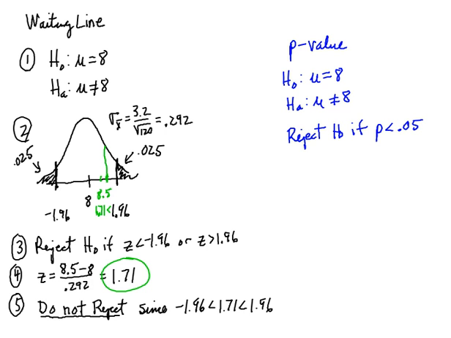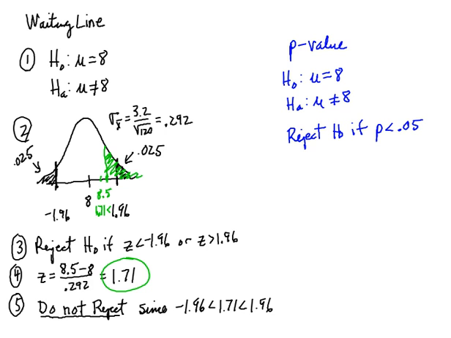So when I want to calculate a p-value, I'm going to base it on this value that I get from the table, the probability of getting anything less likely than the 8.5. Of course, this is a two-tailed test, and we're going to end up doubling this value.